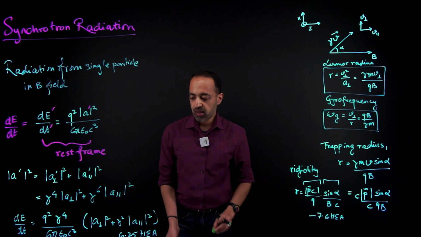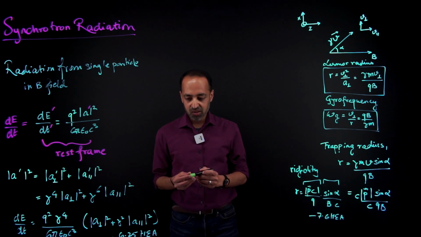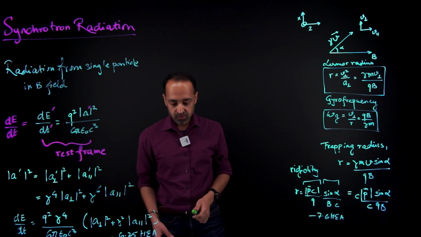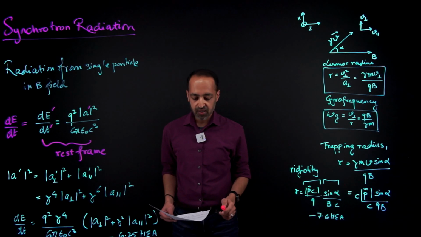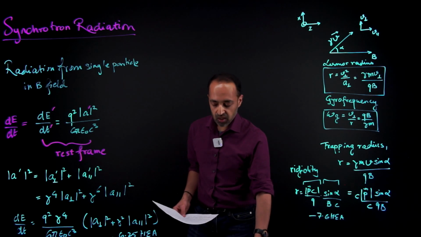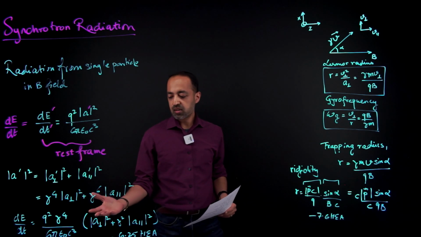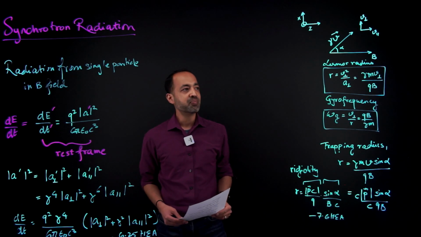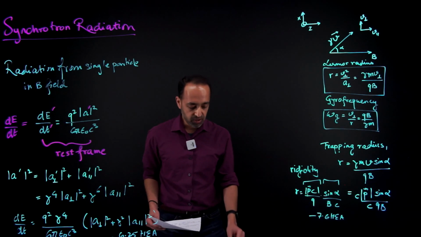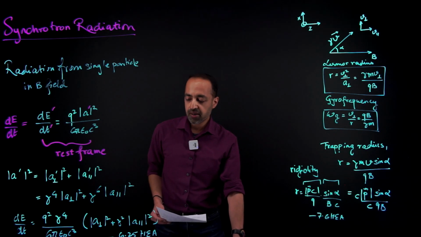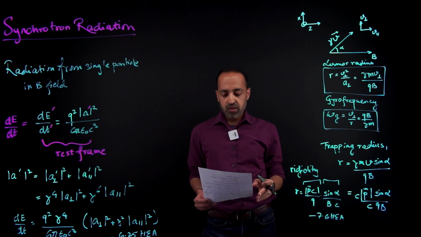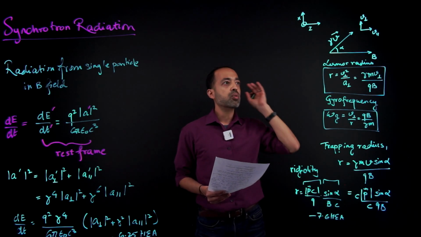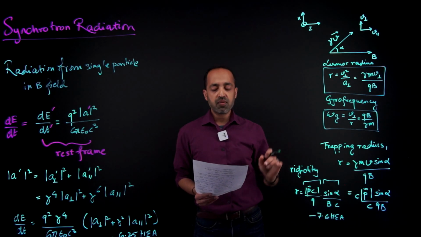Okay, so this is the general formula for a charged particle with some acceleration. We still haven't applied the specific case of synchrotron radiation. So all we need to do that is to put in the corresponding expressions for acceleration. So what does the acceleration look like? Remember that the parallel and perpendicular components are with respect to this magnetic field here.